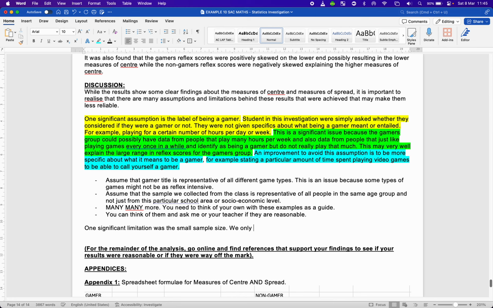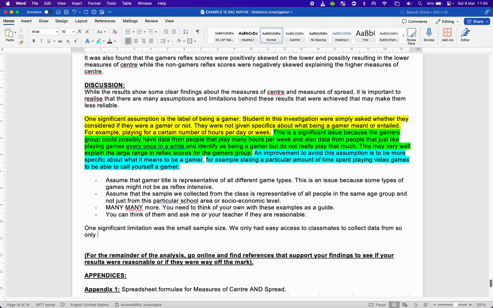We only had easy access to classmates to collect data from, so only really 20 people, and this was limited by people being absent from class as well.